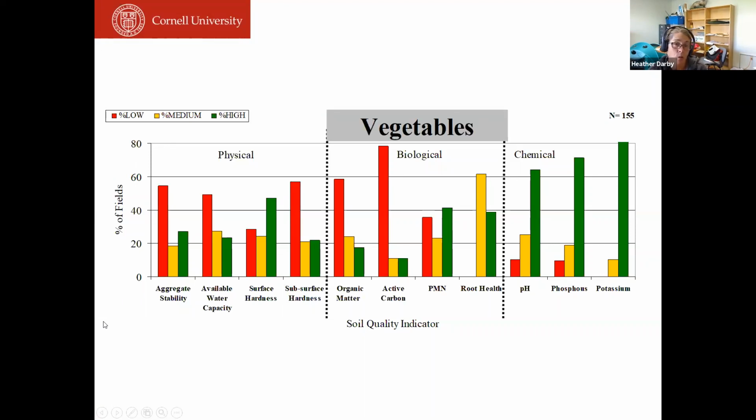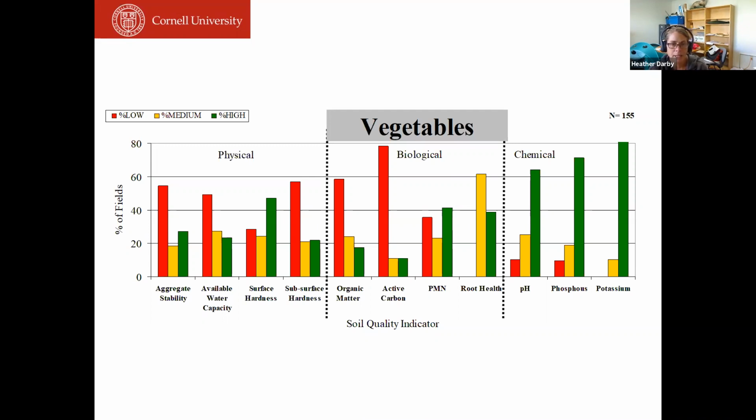These are a couple of really old graphs, but they haven't changed over time. I just mostly wanted to show people where different production systems kind of break down in the Cornell Soil Health Test framework.